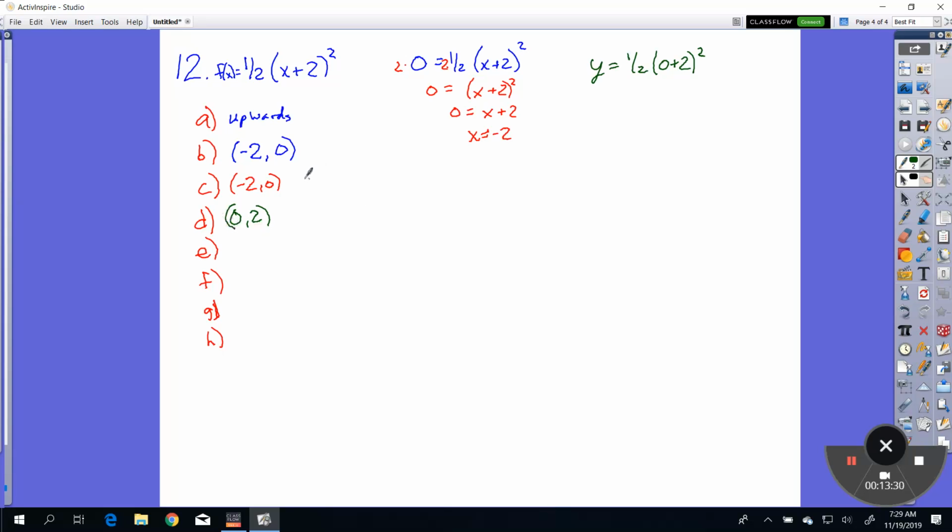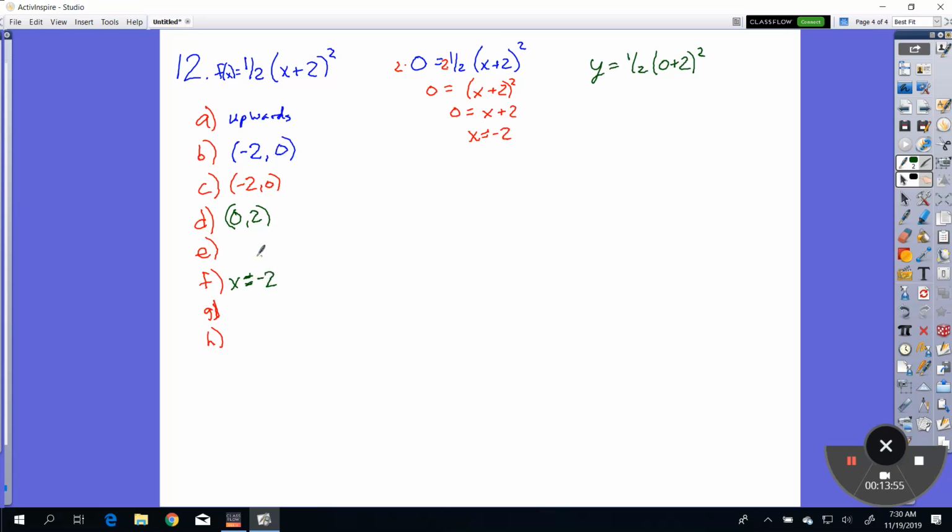We're going to save E because it says sketch the function. F, determine the axis of symmetry. X equals the vertex value. So x equals negative 2. So that's the axis of symmetry. So whatever our x value is on our vertex will always be the axis of symmetry.